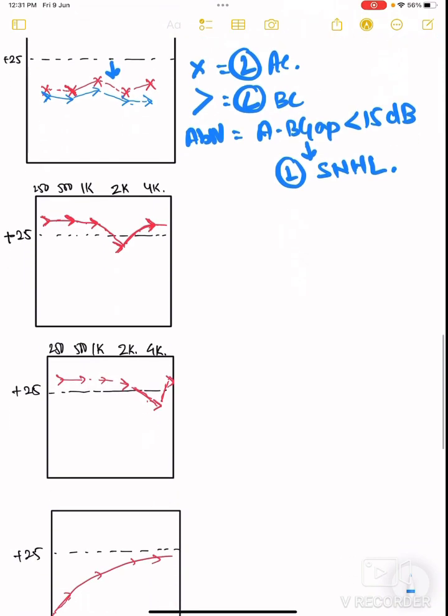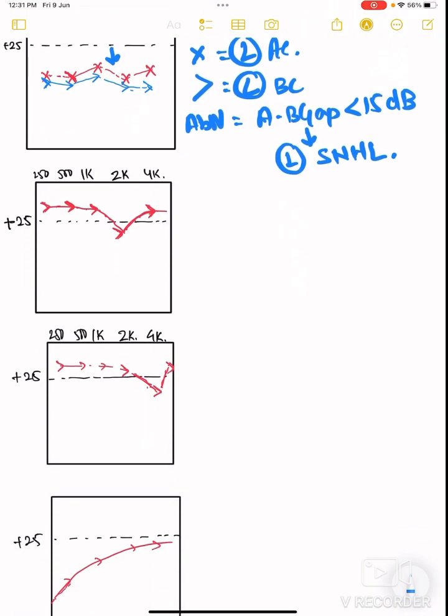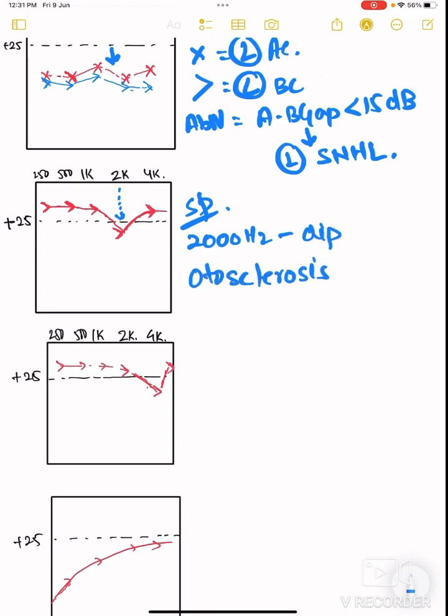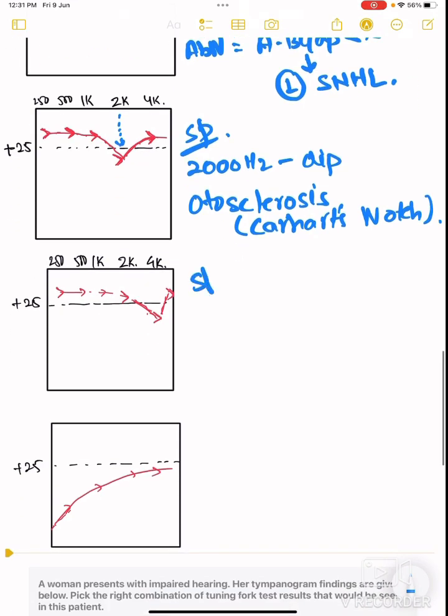Now coming to the third part, we can see this is a special graph. You can see at 2000 hertz there is a dip. This is seen in otosclerosis, and this is known as Carhart's notch. You just have to remember it, questions are asked. This is also a special case. At 4000 there is a dip.